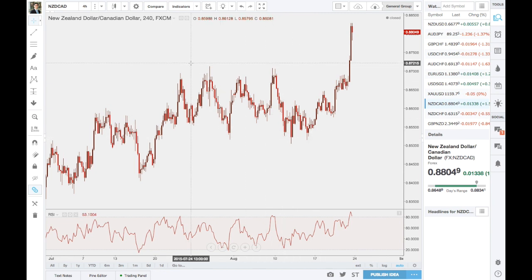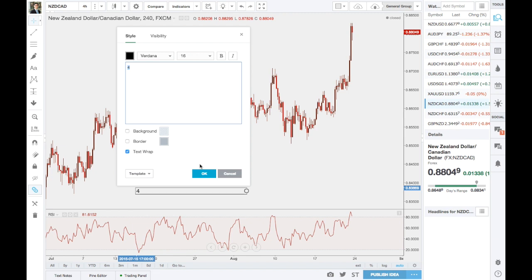What we are interested in is a 4-point structure. In structured trading, we want to identify a minimum of 4 points: 1, 2, 3, 4. What we are looking for is a higher high and a higher low. If this is our starting point, we can label it as 1.